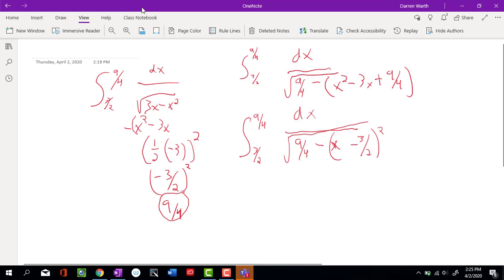So now that I've done that, I've set it up so that it fits the arc sine pattern, because it is a constant minus an expression squared.